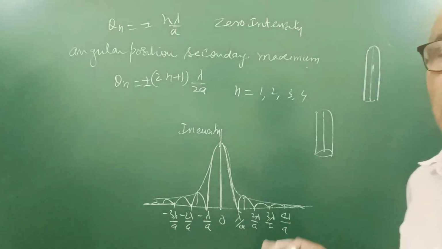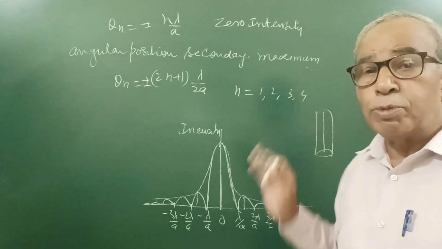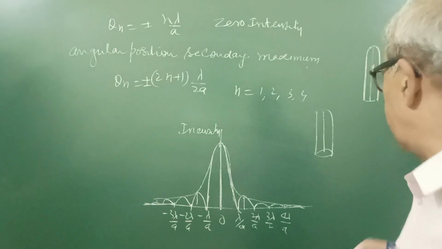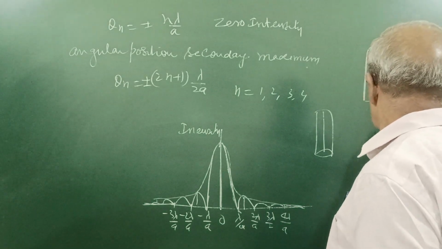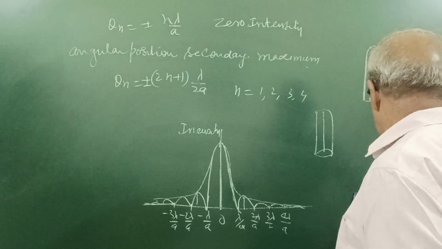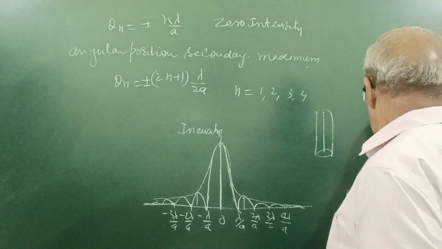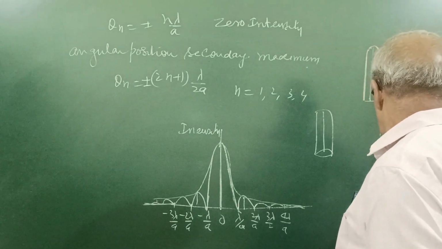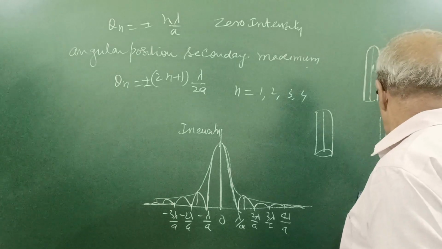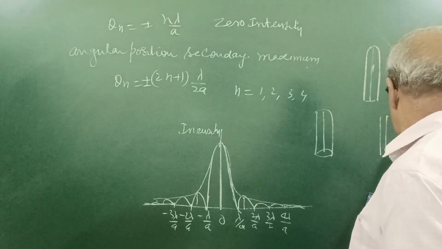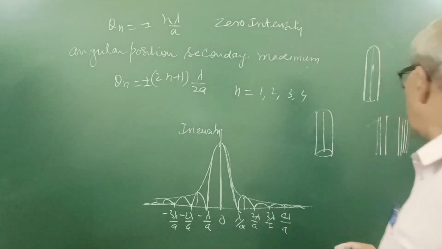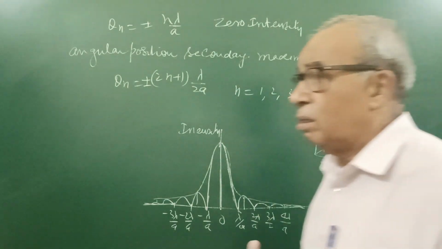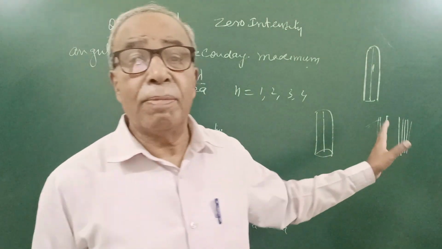If we take a photograph of that light and enlarge it, we get this central white, then dark, then again bright. The width of the bright keeps on decreasing, and finally the whole thing becomes dark. So many bright lines are seen in the photograph.